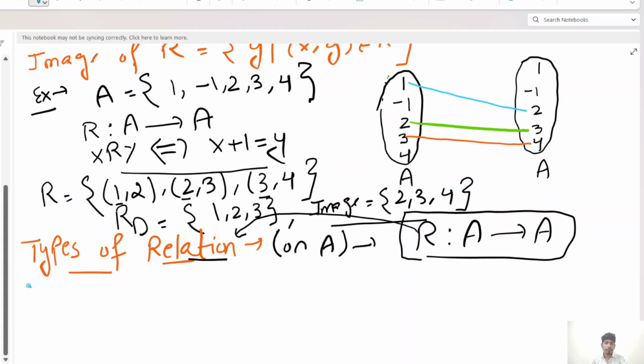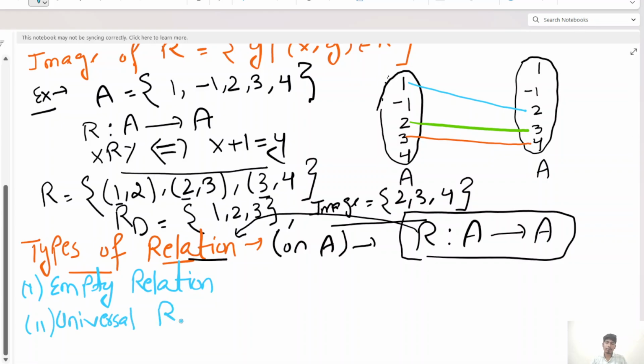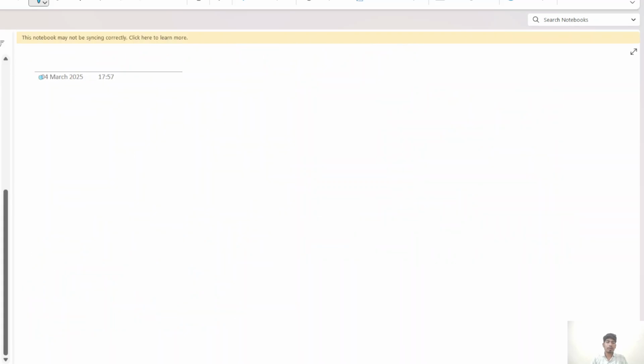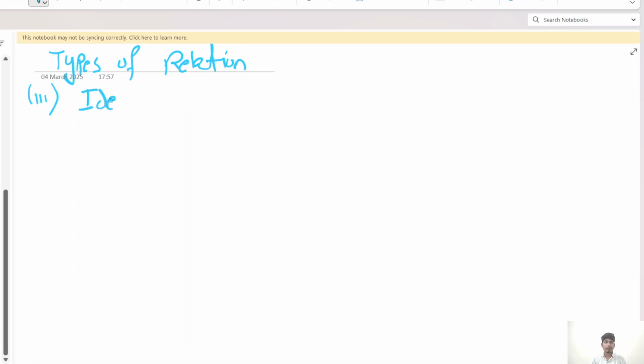First relation is the empty relation. Second is the universal relation. Third one is the identity relation.